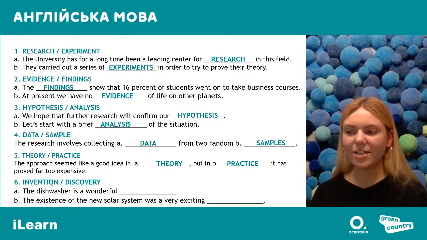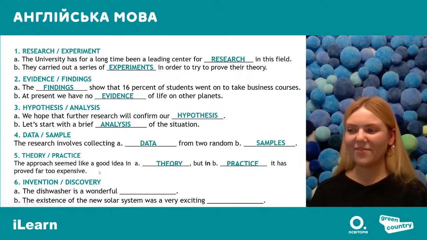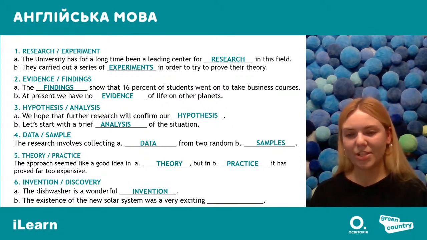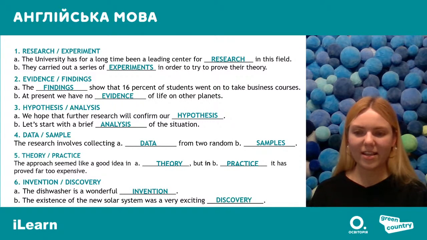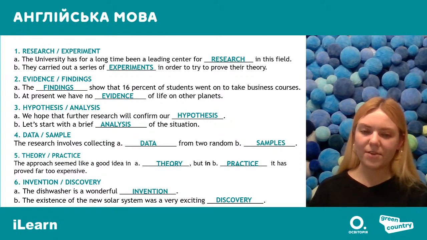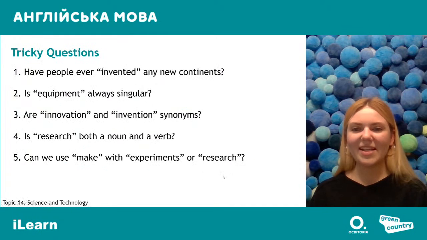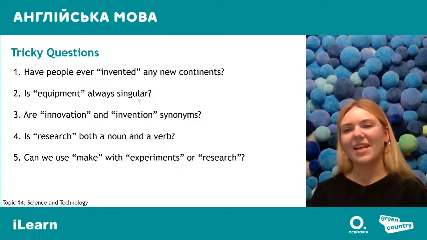And the last one, invention and discovery. So I'm sure now you know the difference and will have no not correct answers for number 6. And a dishwasher is of course a wonderful invention, and the existence of new solar system was a new exciting discovery. Well done. So some tricky questions for you.